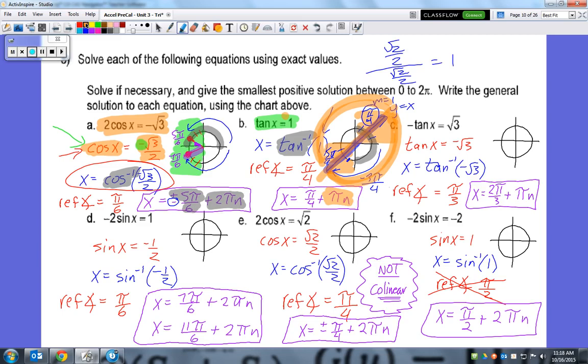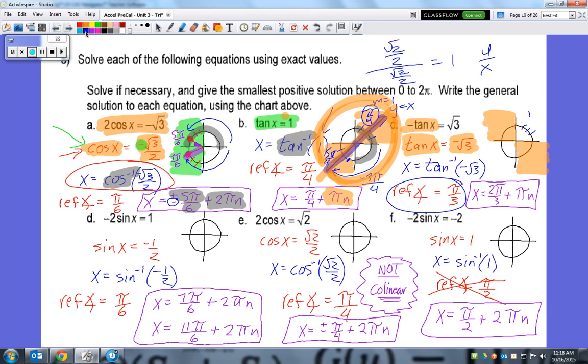Next problem. Tangent's not alone. I got to get it alone. So I'm going to divide both sides by negative. So tangent of x is equal to negative root 3. When is the tangent negative? Well, it's going to be negative in this quadrant and in this quadrant because the signs are different. Now I need to find what angle, reference angle, creates this root 3. Tangent-wise, y over x. Well, the reference angle is pi over 3. Pi over 3 is basically 1, 2, 3 right here.